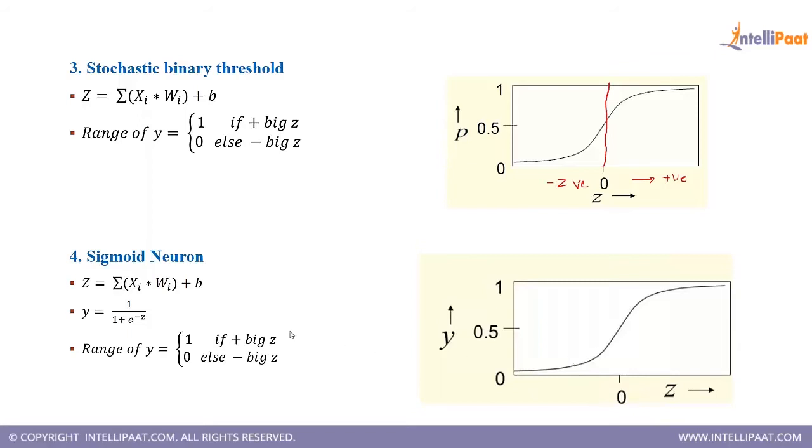More or less the y value and the p value are the same. Sigmoid is more commonly used. The y equation differs here, and I'll put the formula for the stochastic binary threshold in the slides when I post them. There is not much significant difference between these two.